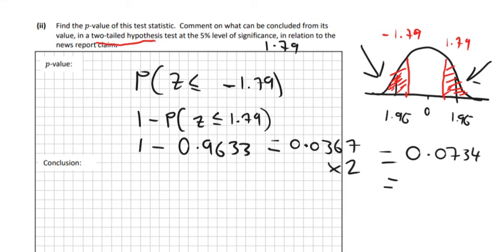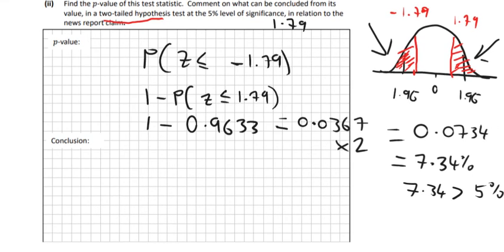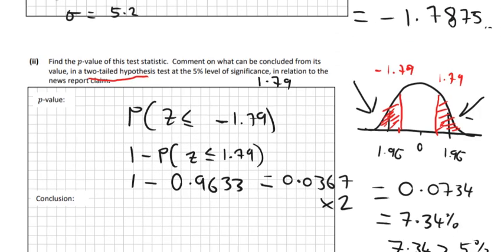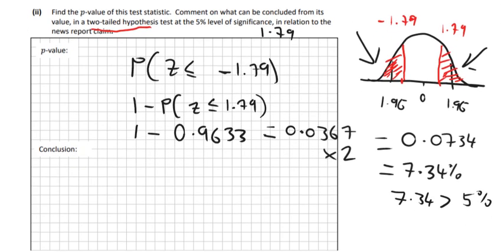That then is the same thing as 7.34%, and that is clearly, if you're testing for the 5% level of significance, 7.34 is clearly above 5%. So that's basically it tested. We have to conclude then that because it's above, the news report has to be right, basically. So news report is correct.